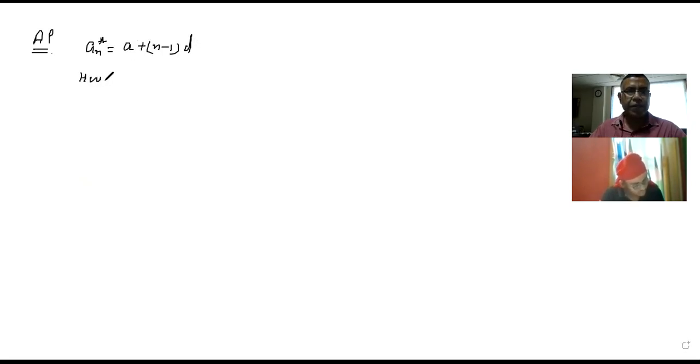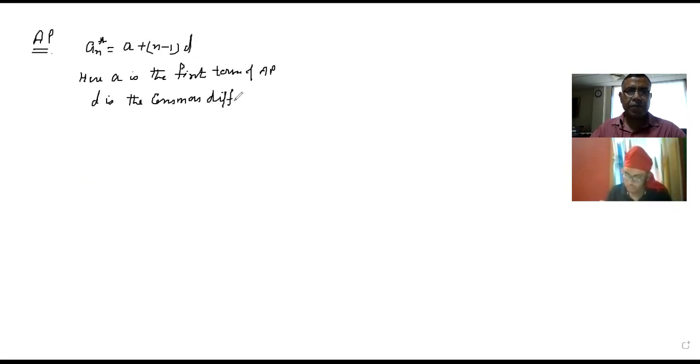Here, a is the first term, d is the common difference, and n is the number of terms. This is the first result.